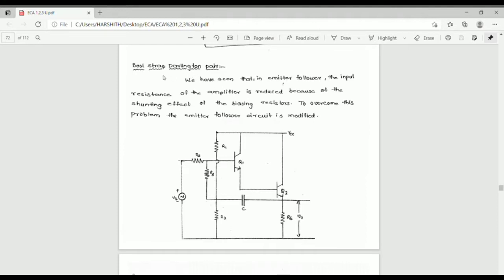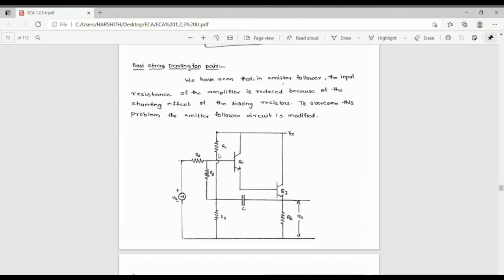So in this bootstrap Darlington pair amplifier, the input resistance of the amplifier is reduced. This is a very important point. Why? Because of the shunting effect of the biasing resistors.